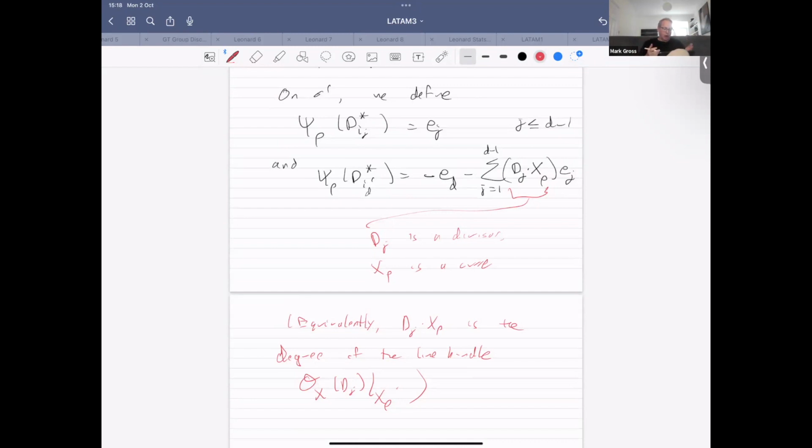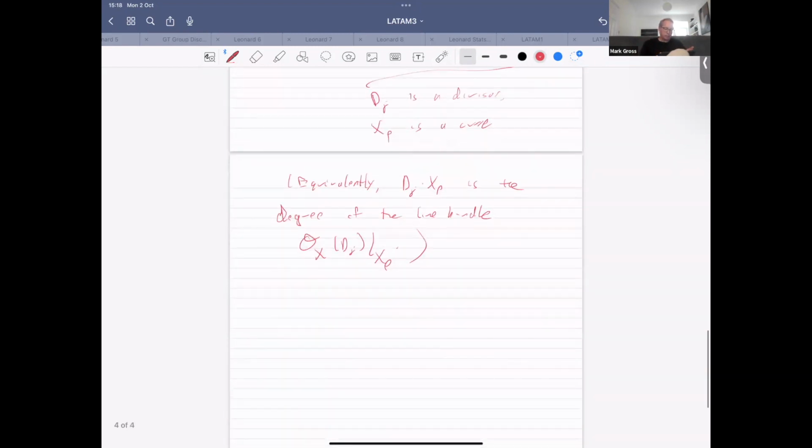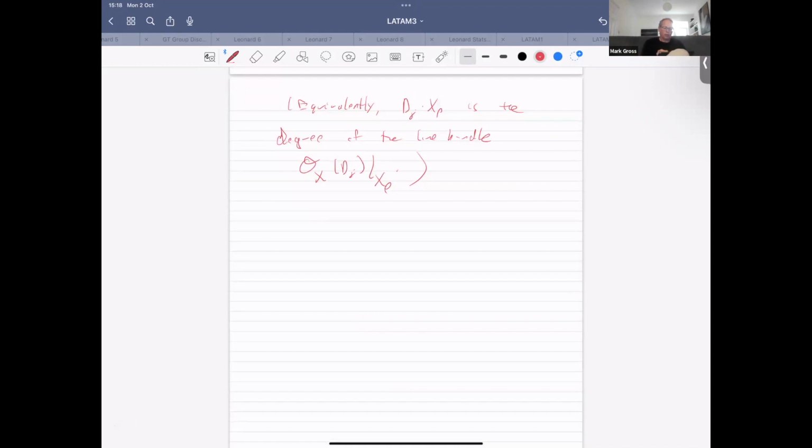Now, for a different rho, note, for a distinct rho prime, either star of rho intersect star of rho prime is empty, in which case there's nothing to check.